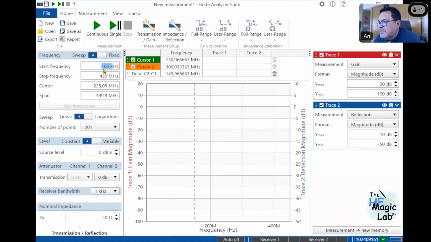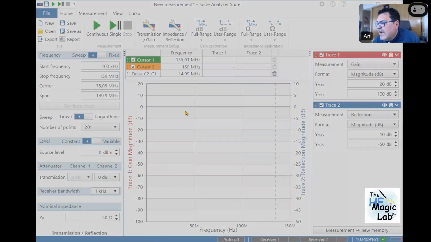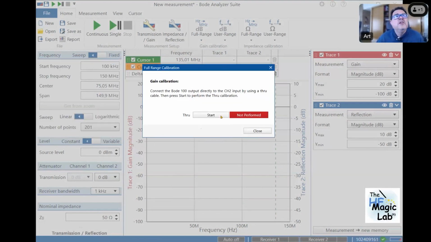So now we specify here from 100 kilohertz, for example, to 150 megahertz. Now we open the calibration menu, and then the software gives me the possibility to calibrate with the through option. Okay, we start here.